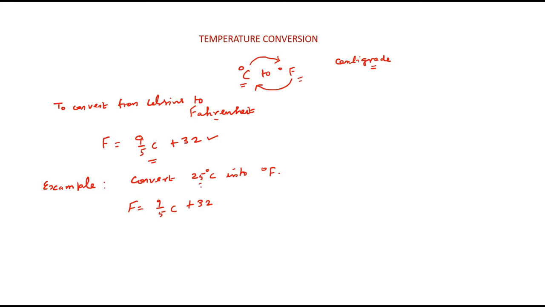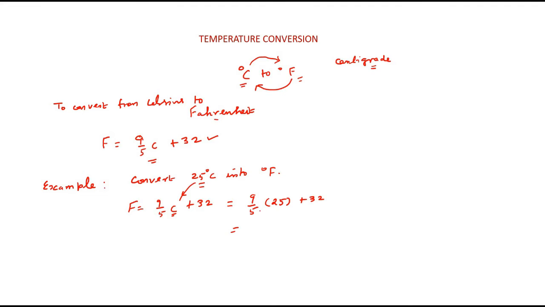You are given the Celsius scale, so for C you substitute 25. So this becomes 9 by 5 into 25 plus 32. That's all you have to do. Wherever C comes, you put the number corresponding to the Celsius temperature.